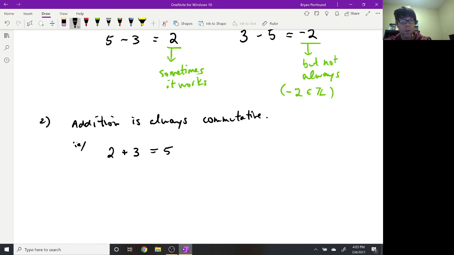But what happens when I switch the order? Do I still get 5 when I start with 3 and add 2 to it? Absolutely yes. Okay, so commutativity deals with the order of the 2 numbers. So is it possible to switch the order of these 2 numbers and still end up with the same final result? So that's the question, can I switch these and still get the same final answer?